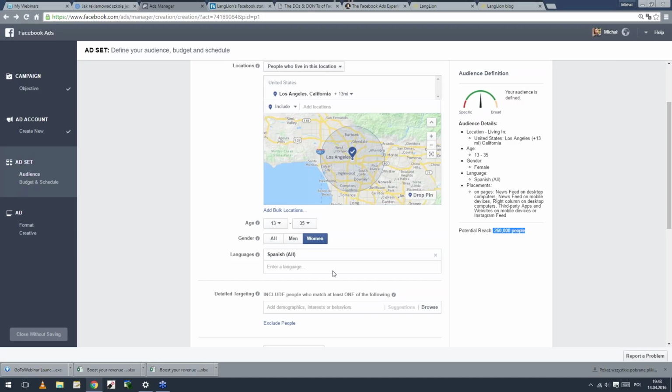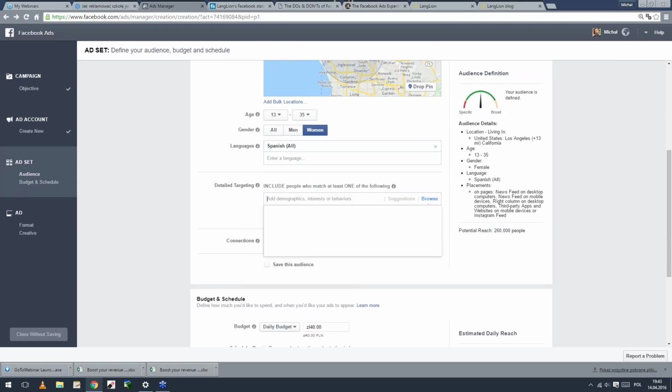But anyway, if somebody speaks Spanish, maybe he would like to improve his Spanish, or maybe he would like to improve his English, because he is not so comfortable with English. We can, of course, include and exclude.